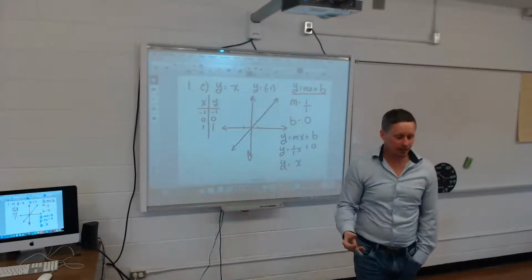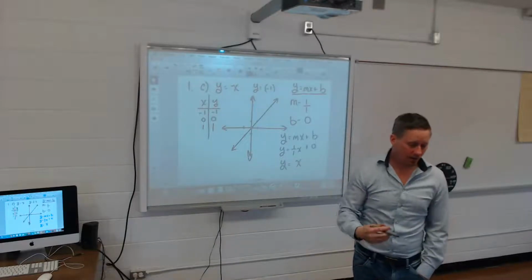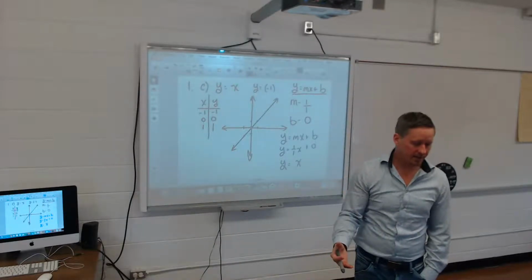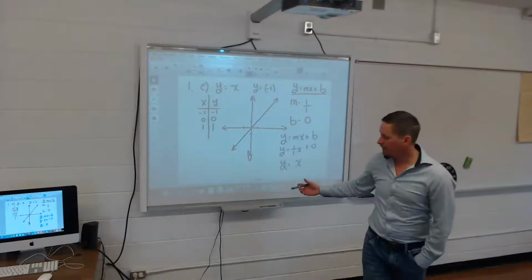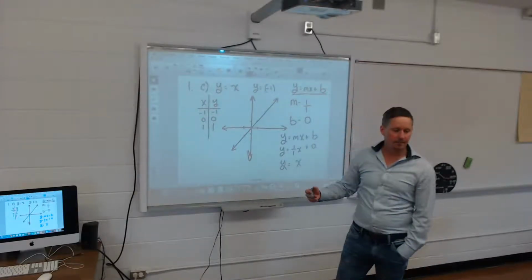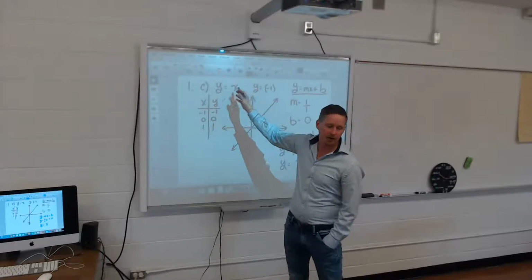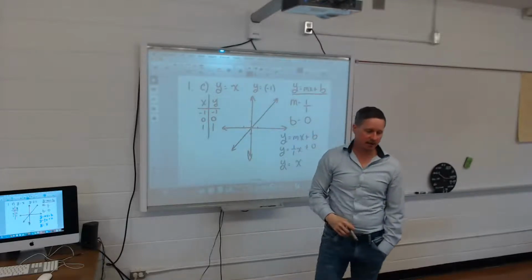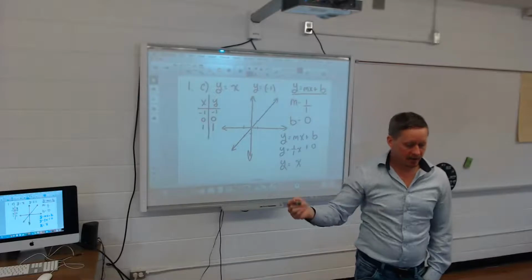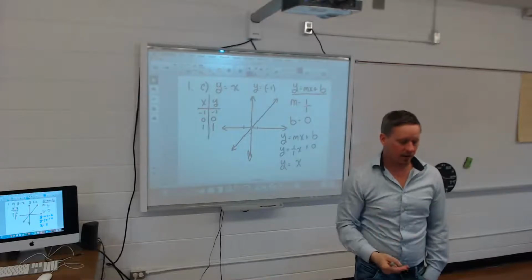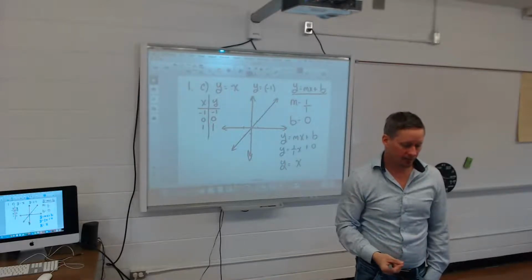That's just as simple. That will get you the full marks all the time. That will get you to the answer. If you're unsure of how the graph looks, just sketch it quickly, and then you can count to get your slope and your y-intercept. You can see that it's on the graph.